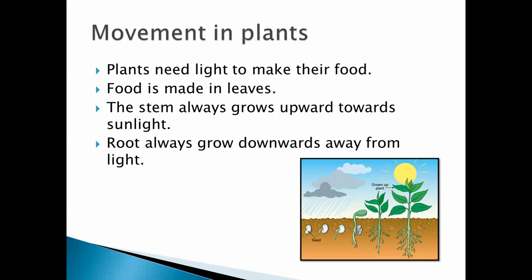Then we talked about movement in higher plants. All of you know that plants prepare their own food through photosynthesis, and this food is stored in the leaves, but the stem always grows upward towards sunlight because it has leaves and flowers on it. When they grow upward, the leaves get sunlight, and roots always grow downward away from light to absorb water and minerals from the soil.